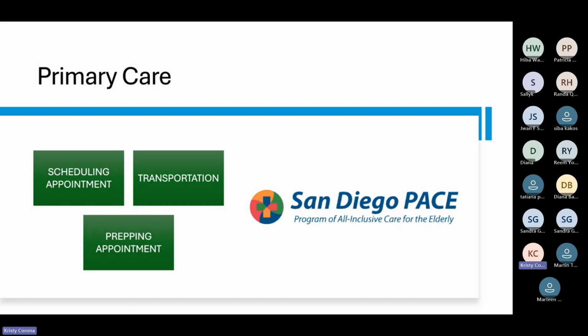The RN might have certain worksheets that they print out so that they can gather the correct information during their appointment with the participant to relay back to the primary care provider. So basically every team member has different things that they prep, but we all prep for that appointment beforehand so that we can ensure our participants have the allotted time with their provider during the appointment.